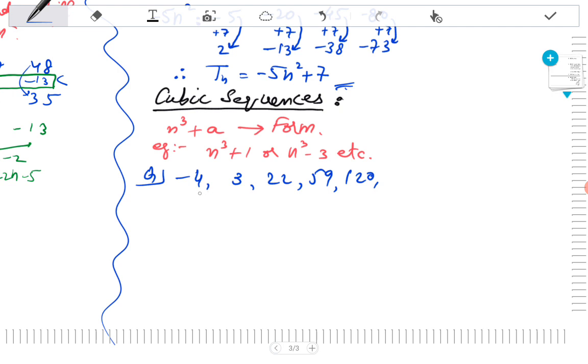First of all, you should try the differences as we normally do. What is the difference between these two numbers? It's plus 7. Or you can try 3 minus negative 4, second term minus first term gives you the difference. And then we have plus 19, if I'm not wrong.